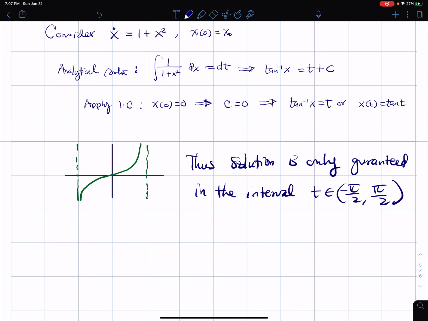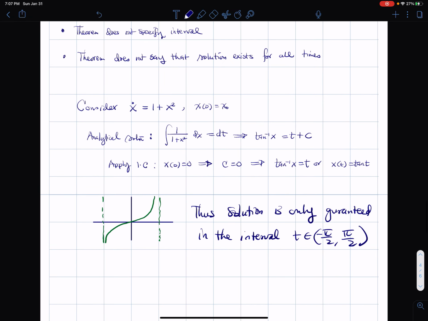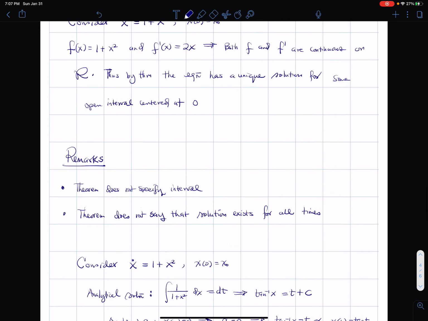All right, so the largest interval we can get here is from negative pi over 2 to pi over 2. And if we actually start with initial condition being equal to 0, right, then we'll be looking at from 0 to pi over 2. Okay, all right.